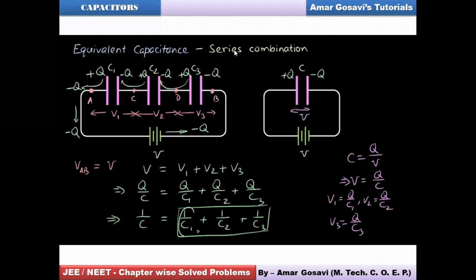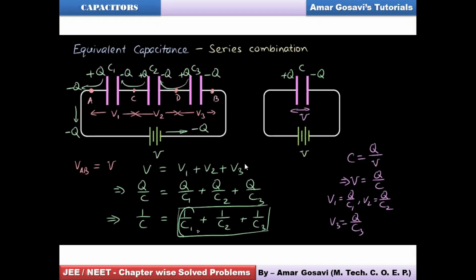So when it comes to series combination, friends, you can see charge is same on every capacitor, C1, C2 and C3. All right. V gets divided into three parts, V1, V2 and V3. So we can use a general equation where V would be equal to V1 plus V2 plus V3 for three capacitors.